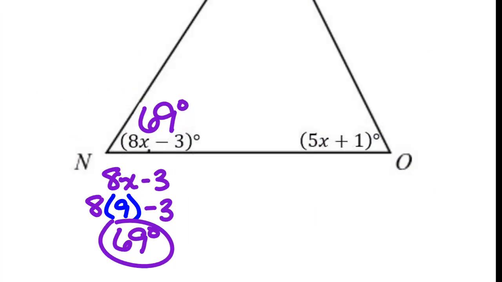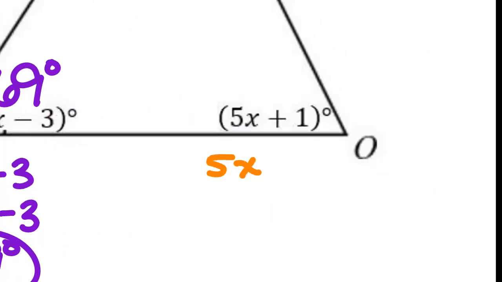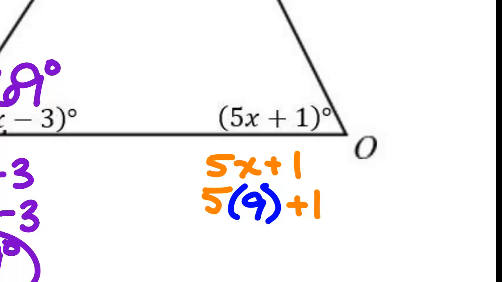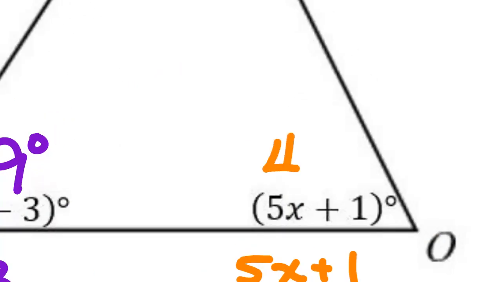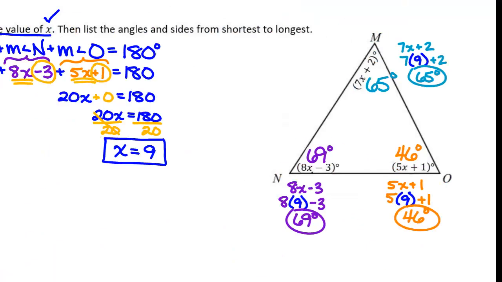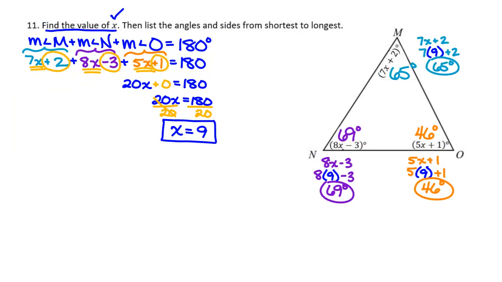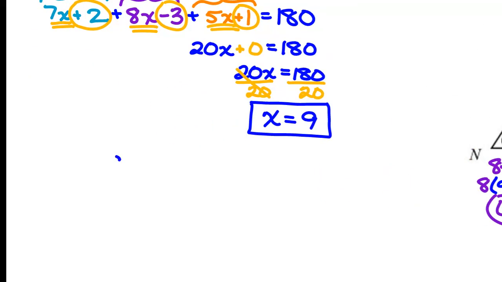All right, and then we do the same thing for angle O over here. 5x plus 1, so 5 times 9 plus 1, which gives us what? Gives us 46 degrees for angle O. All right, so now we want our angles in order from shortest to longest, or smallest to largest.